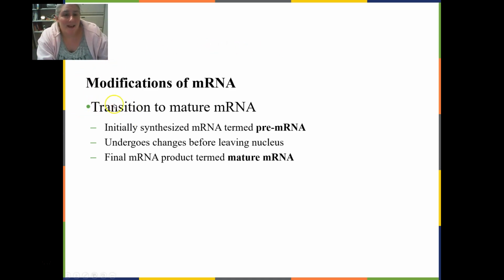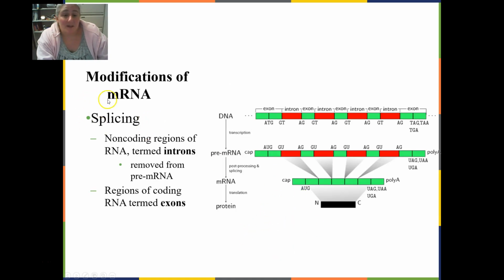Because not all of our DNA codes for proteins, when you produce that messenger RNA molecule, it's not considered a mature molecule. It has to be modified before it can leave the nucleus and enter the cytoplasm. So the first thing we have to do is cut out regions that don't code for the protein.